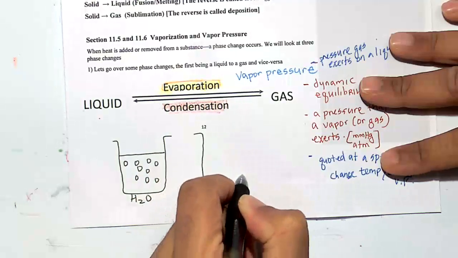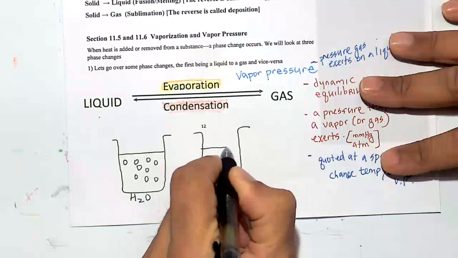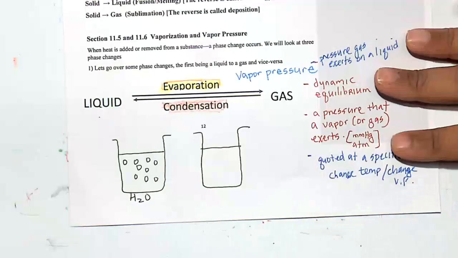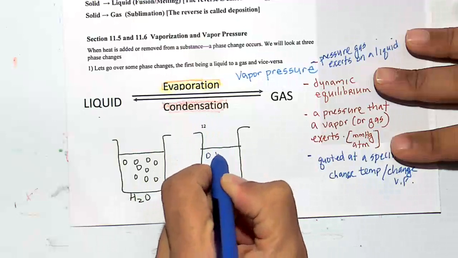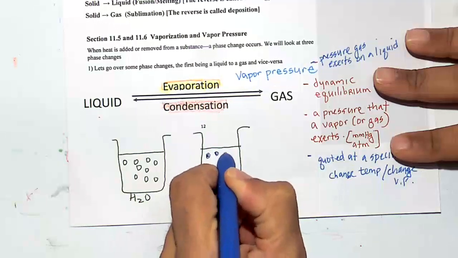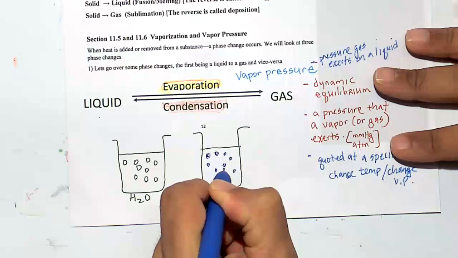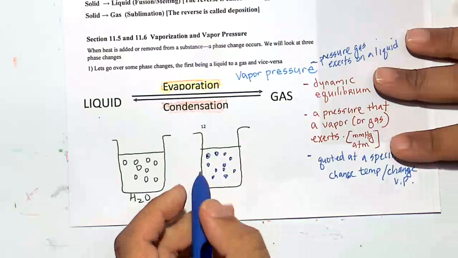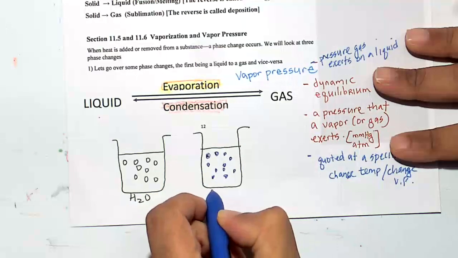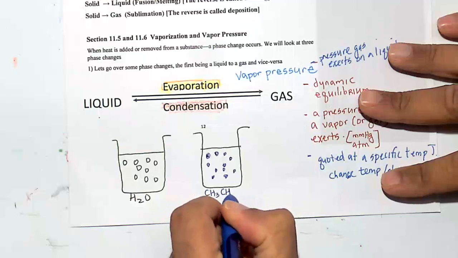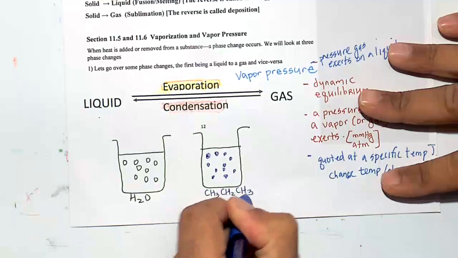A totally separate beaker, I'll fill it up with propane. You know propane, right? Propane is an alkane. We'll have it as blue. This is propane. Propane is CH3, CH2, CH3.